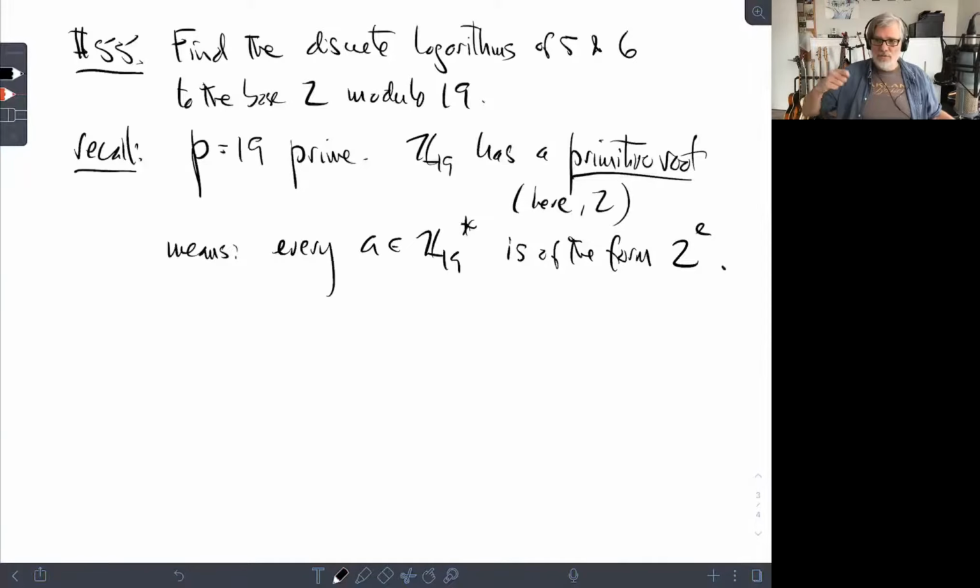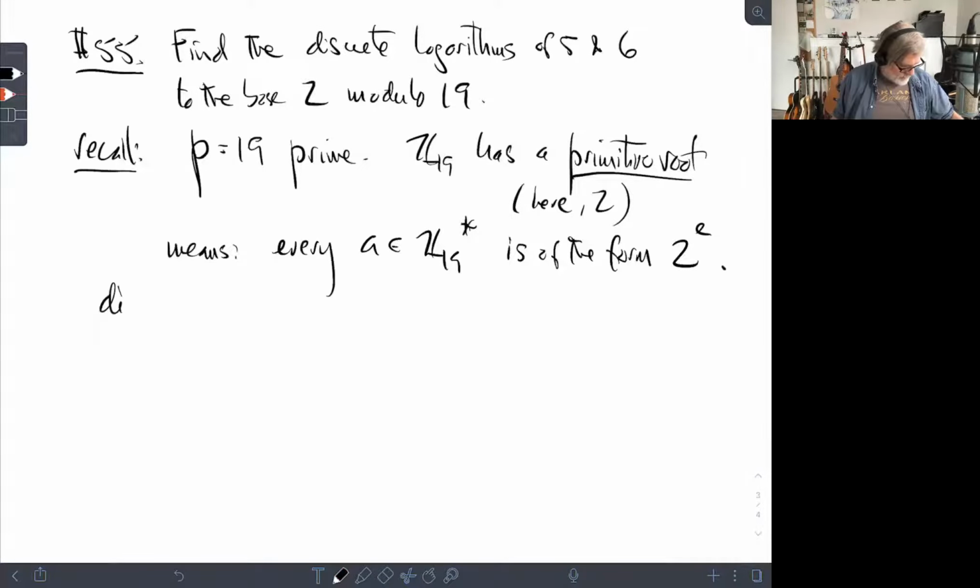Okay, so if you look at all the powers of 2, mod 19, you will generate every number between 1 and 18. So what is the logarithm? You're looking for the exponent.